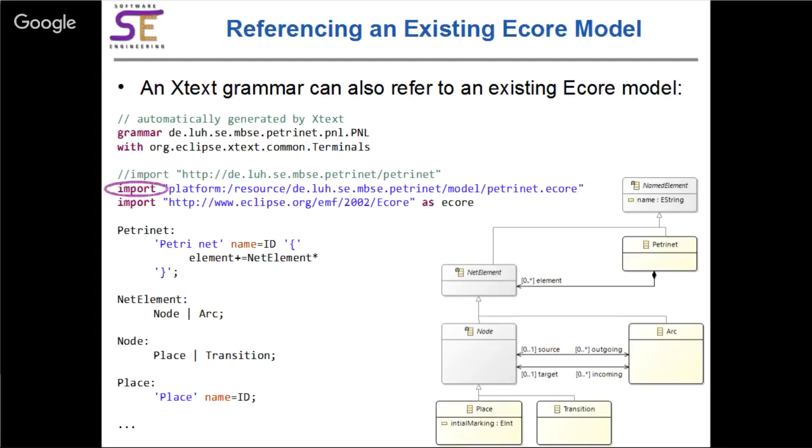And again, here we say a PetriNet is something that starts with the keyword PetriNet. We have a name for the PetriNet, and then in curly brackets, we see a list of net elements. And now we say net elements can be either nodes or arcs, and nodes can be places or transitions, and the place would start with the keyword place and an ID.